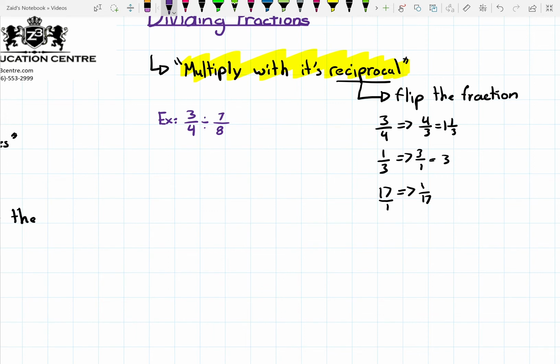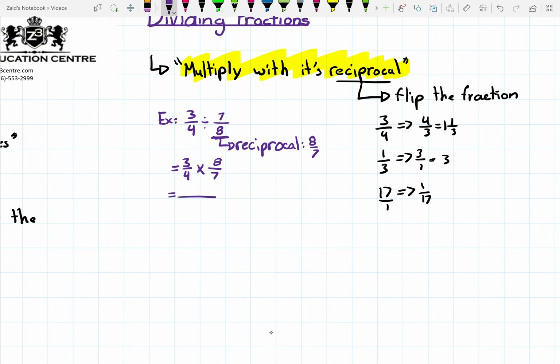So we would only use the reciprocal for the last fraction. The reciprocal of 7/8 is 8 over 7. So I would write 3/4, and instead of dividing, now I'll put multiplied by 8/7.